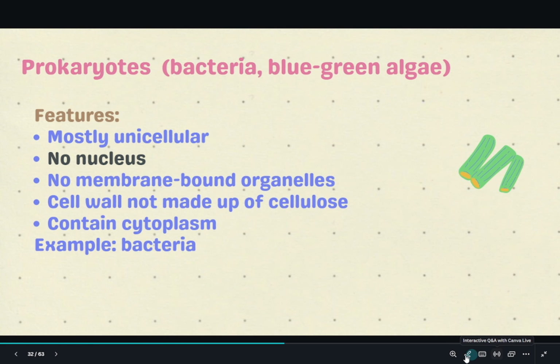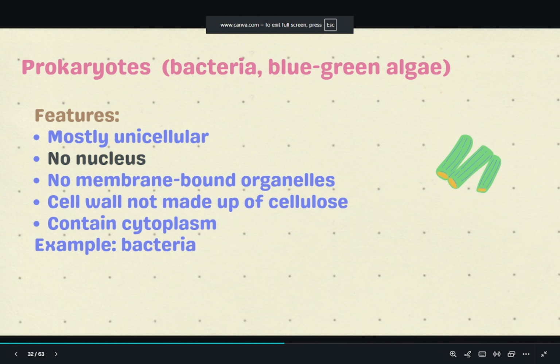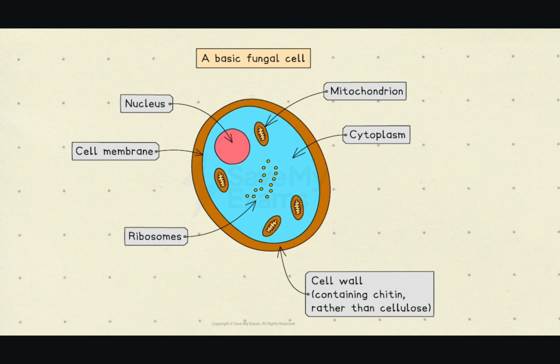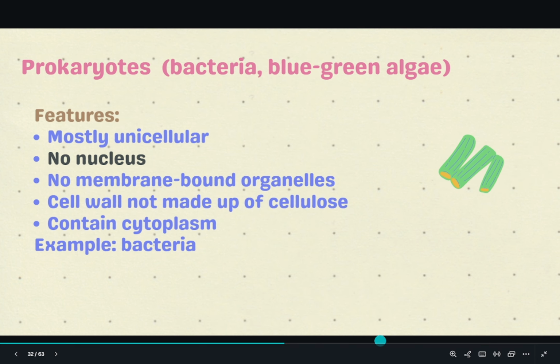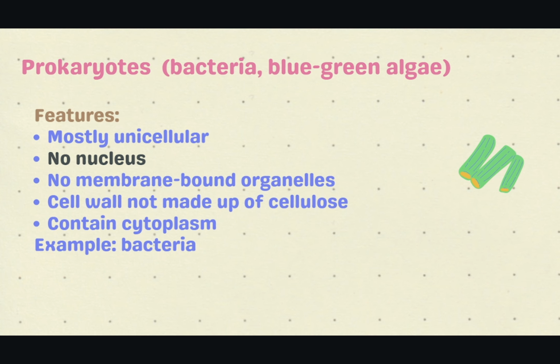So what's important to know about a prokaryotic cell? Again, they are mostly unicellular. They have no nucleus.